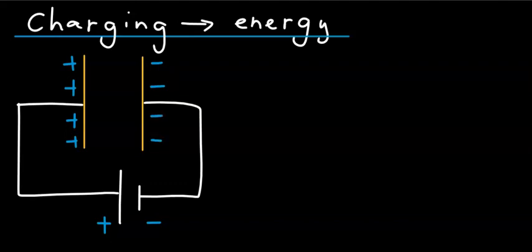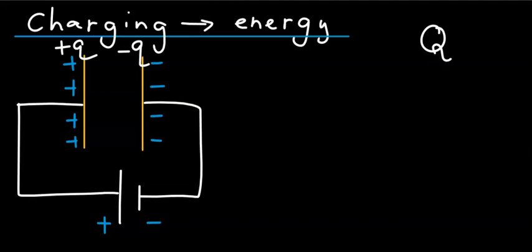Let's assume at some point in time, the left-hand side plate is charged with a total charge of plus little q, and the right-hand side plate has a charge of minus little q. Let's assume the capacitor can be charged up to a maximum charge of capital Q coulomb.